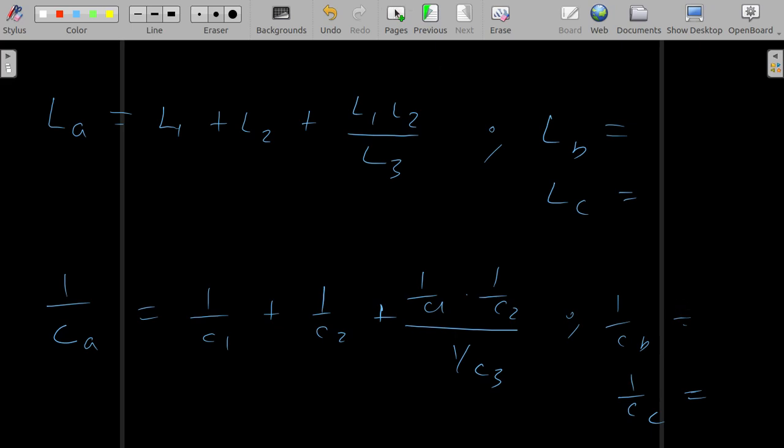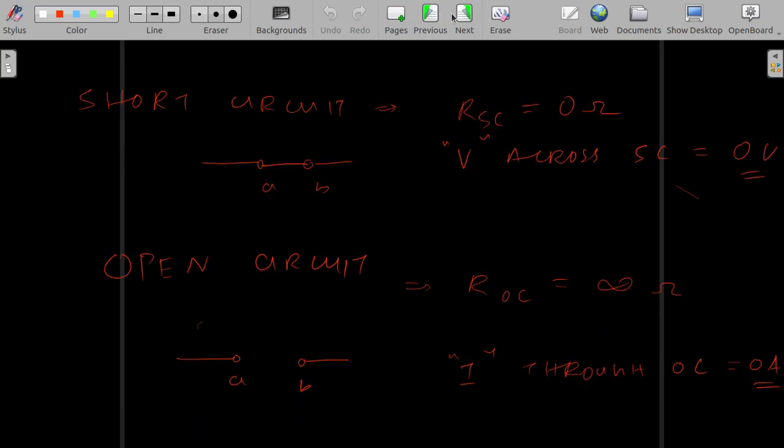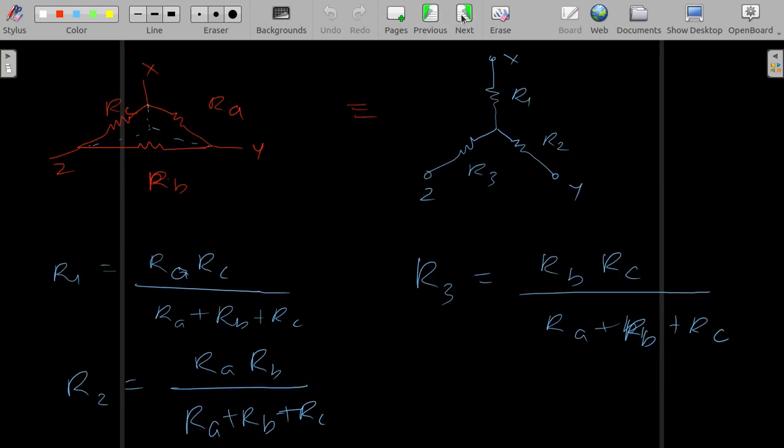This conversion, I forgot to mention, is called star delta conversion, or delta star.